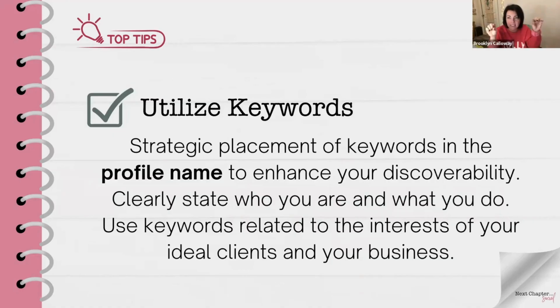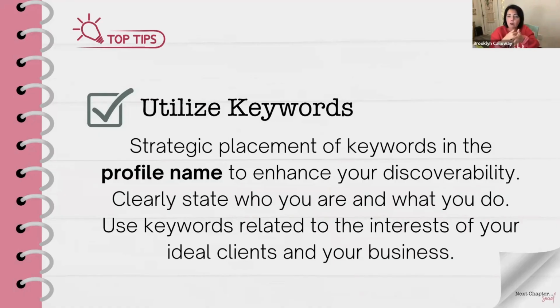That bolded line is the number one spot that Instagram searches for keywords to categorize you and put you in front of the people that are searching for that. So you have to imagine what your audience is searching for, what words are they using to search, and use those words in your profile. Strategic placement of keywords in the profile name. Profile name is different than your Instagram name, and it enhances your discoverability.